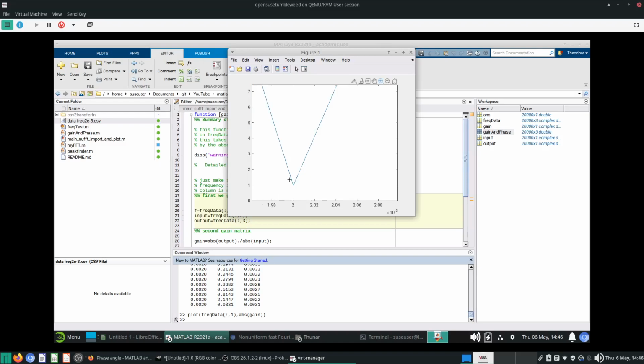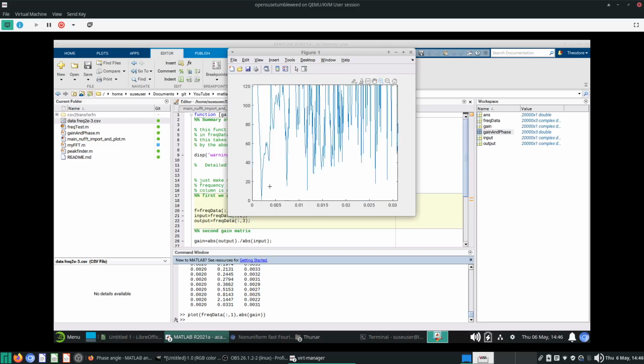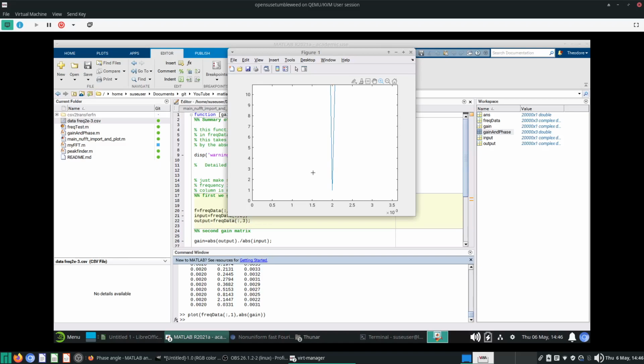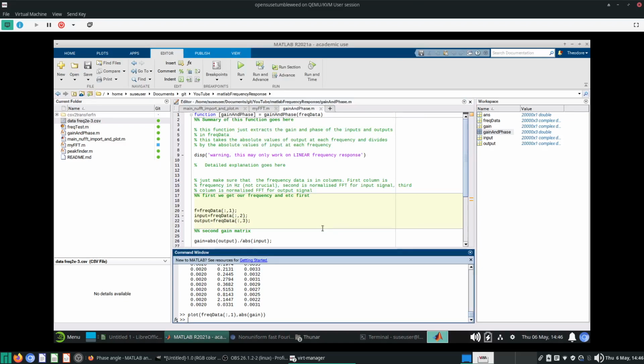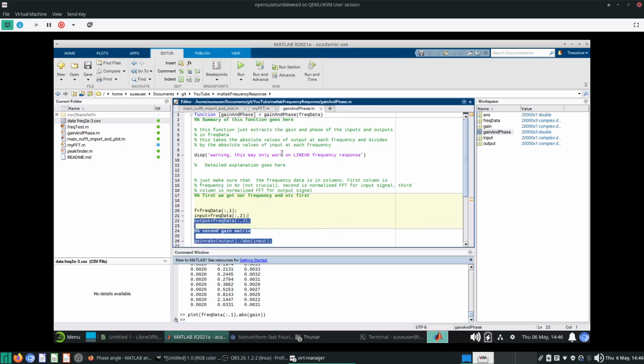And the way we know it's valid is if you already know your input frequencies. If you know your input frequencies, you will know which peaks to look out for. This thing doesn't really look like a peak, it's more like a valley, and all the other parts are just noise, so we can ignore them. That's a good thing about frequency response. You can ignore all the noise and focus on the input frequencies that you are giving it, so that you can find the gain and phase. So that's what you're supposed to do.